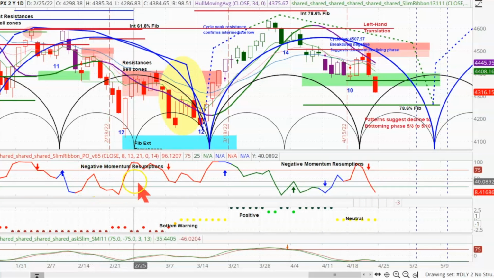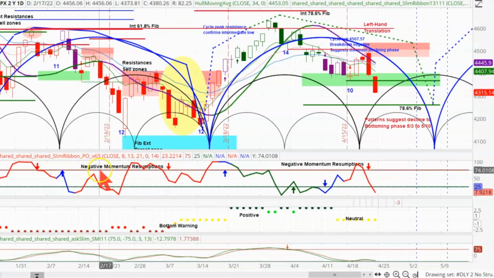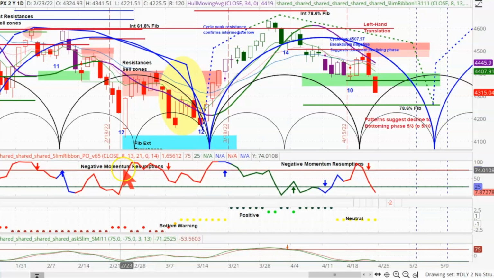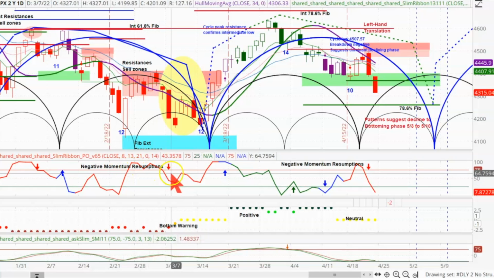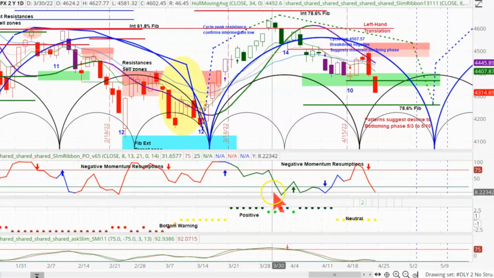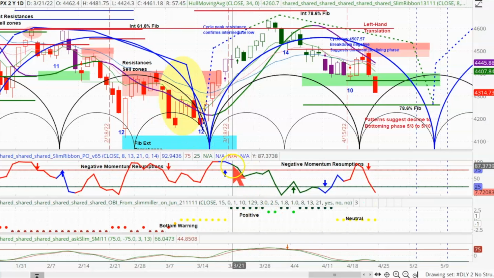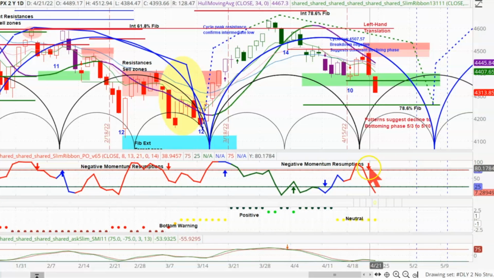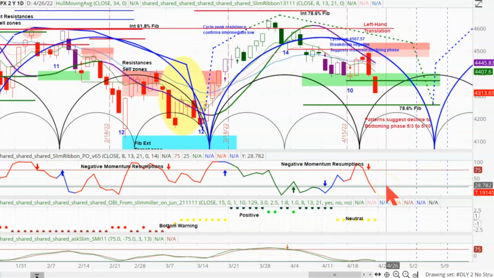Here, when the slim ribbon PO is red, it tells you that the market is likely to move down, and as you get below this 70 level, it gives you notice of downward resumptions. And then right over here where it turns green, it tells you the market is likely to try to rise. It turned neutral and now has turned red again and gave you this warning of a downside resumption yesterday. You can see the market turns very weak.